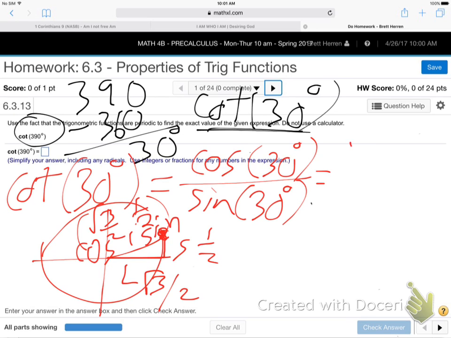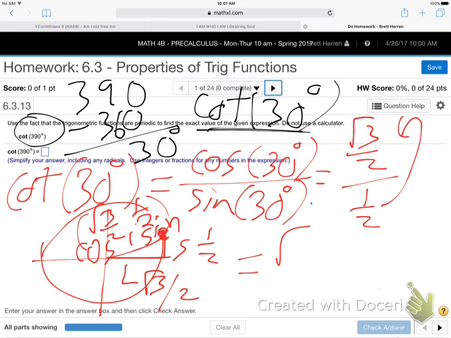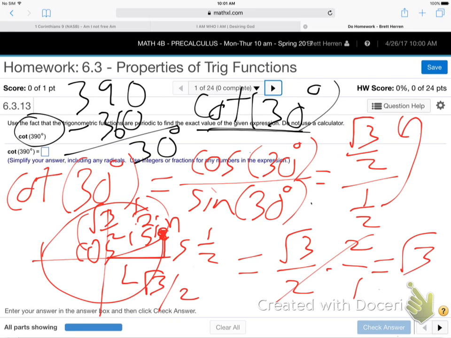So cosine, root 3 over 2, over sine, a half. Can you all read that okay? And then you know the deal, flip it up. So it's root 3 over 2 times 2 over 1. The 2's cancel. Square root 3. So the cotan of 390, same as the cotan of 30, is square root 3.